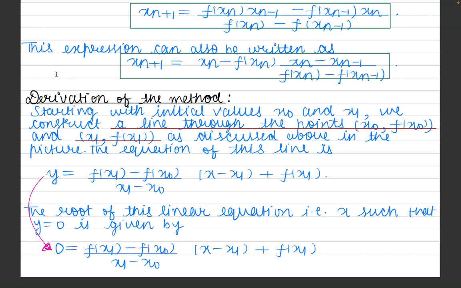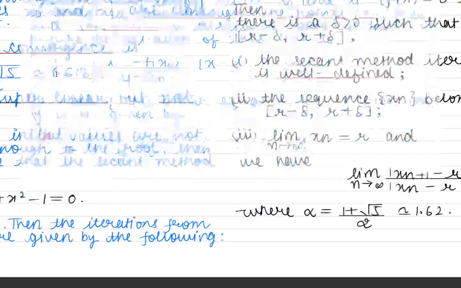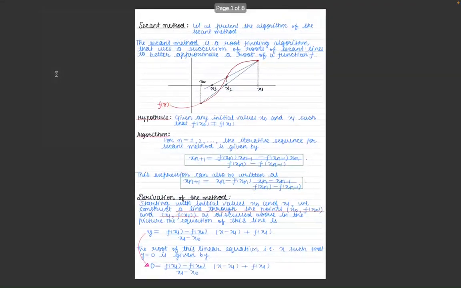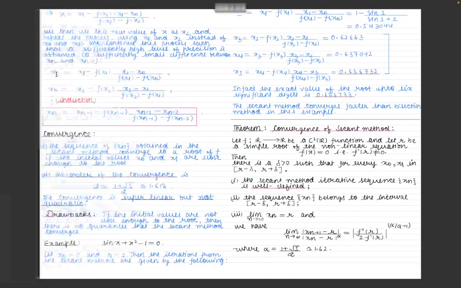Because we first joined the line passing through x0 and x1, and the next iteration is the root of this equation. So precisely what we explained in the geometric picture, we are doing that.